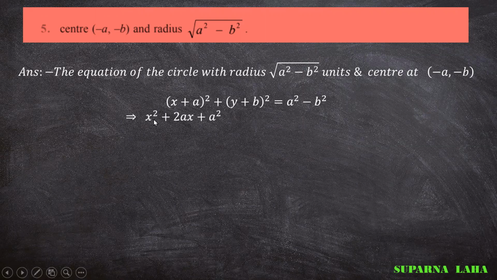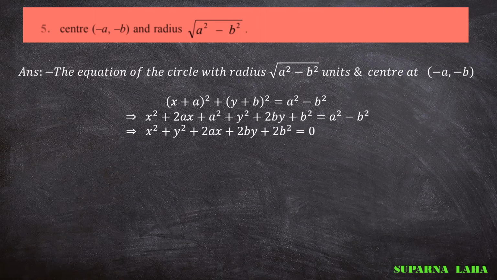So break the square, x square plus 2ax plus a square and y square plus 2by plus b square. So a square on both sides will be cancelled, and b square and here is minus b square. So ultimately it will be 2b square equals 0.